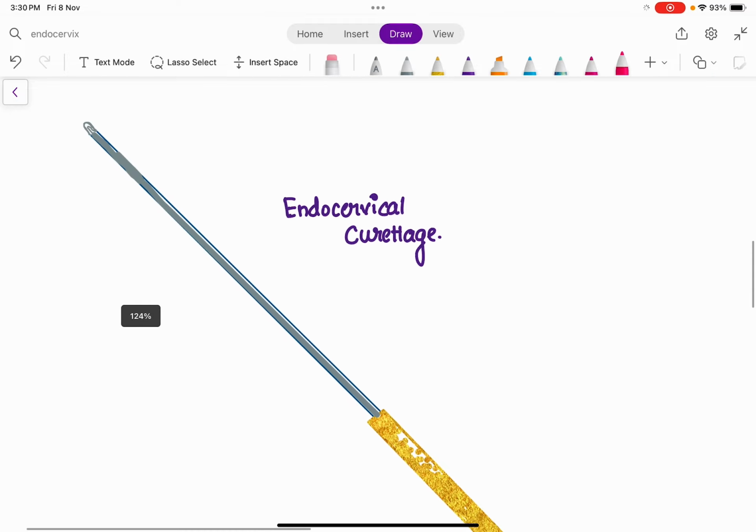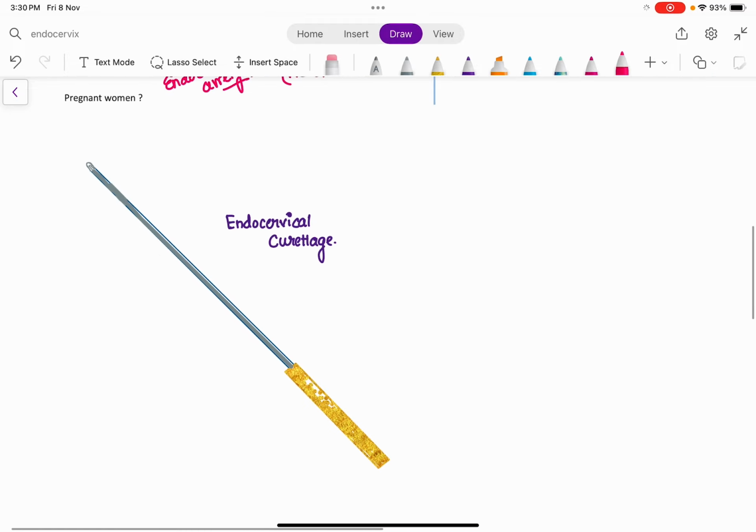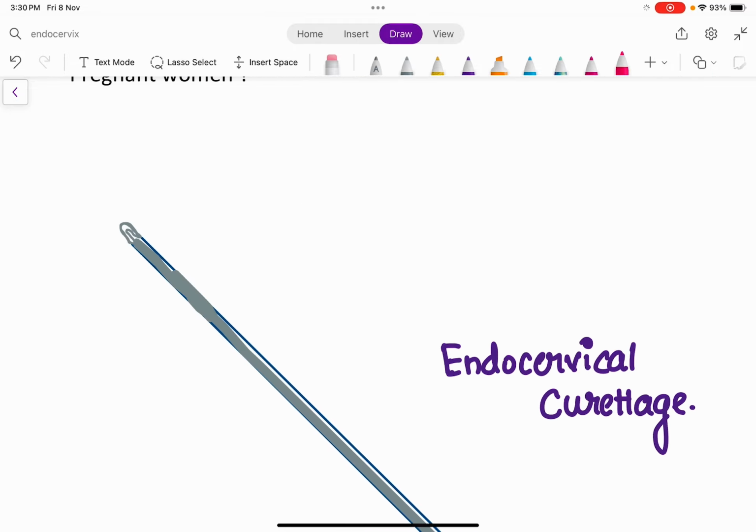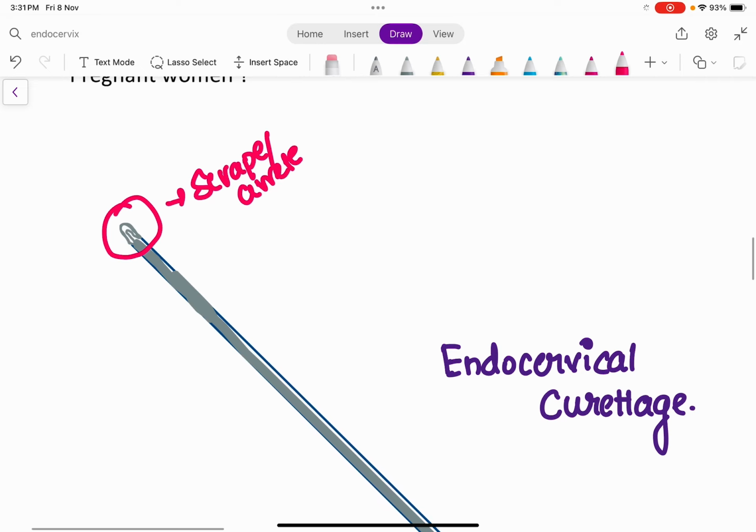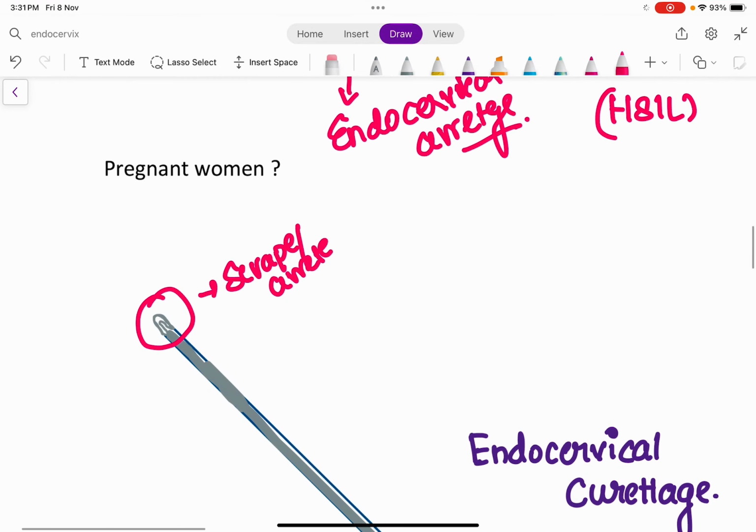Okay? Right. So the image which you see here is the endocervical curette. With this part only, you are going to scrape or curette whatever tissue is present in the endocervix. Now, you may have a doubt: you told me that colposcopy is not contraindicated in pregnant females because with the help of colposcopy, you are going to take biopsy only from the exocervix.